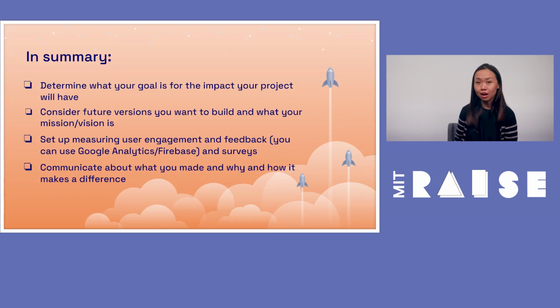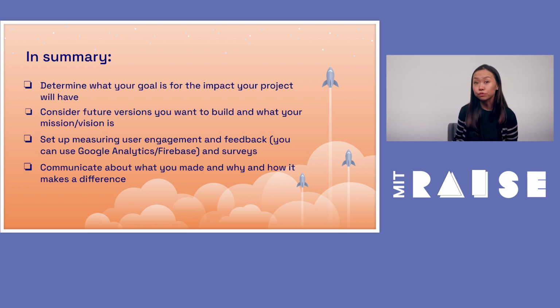In summary, what we talked about in this section was determining what your goal is for the impact of your project, right? So you want to revisit that impact matrix to help you solidify the goals that you previously set out and compare where you might have met those goals and maybe where you wanted more time to work towards those goals.